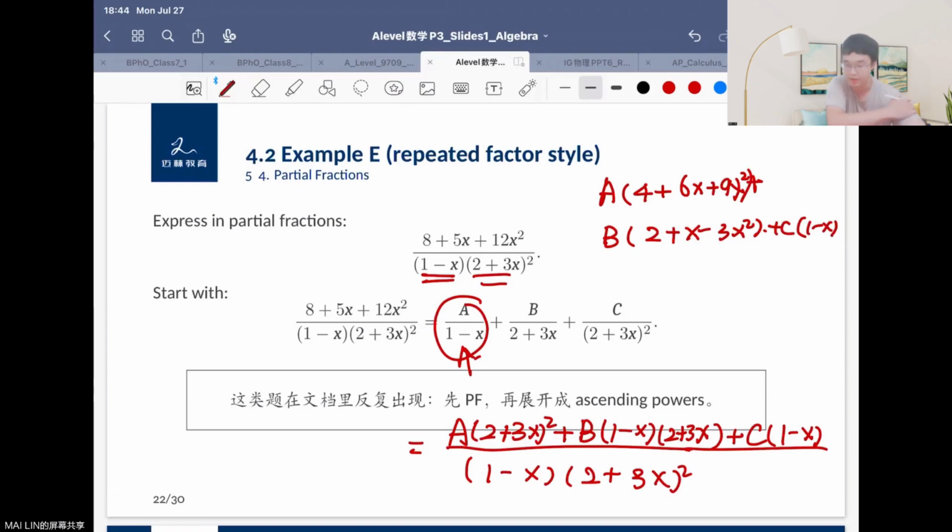Now you simplify by collecting terms. For x squared, that is 9a minus 3b.